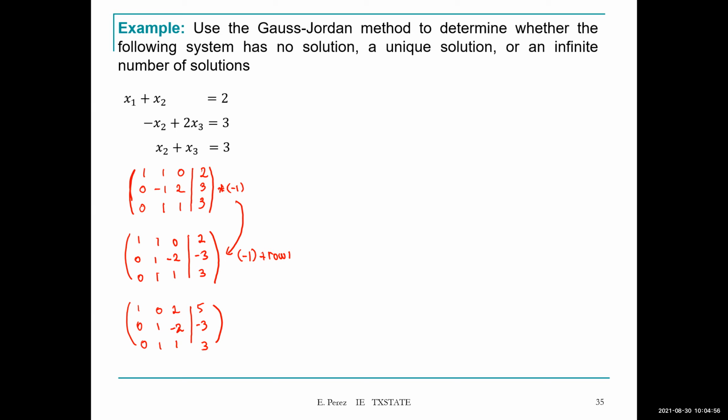Now we want to make that third row for column 2 equal to 0. So I'm going to multiply that second row by -1, and add that to row 3. So multiply this by -1 and add it to row 3. You get the following matrix: 1, 0, 2, 5, 0, 1, -2.